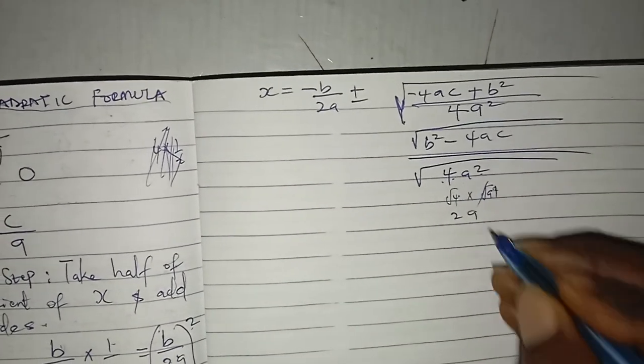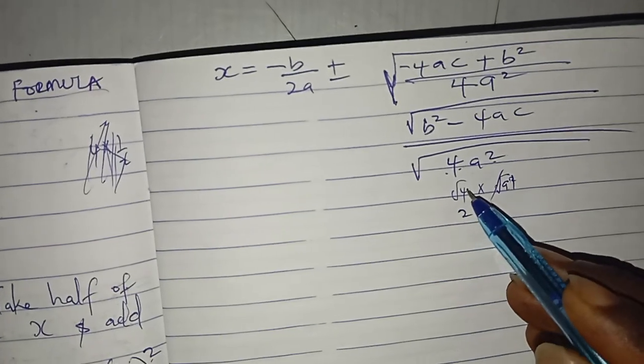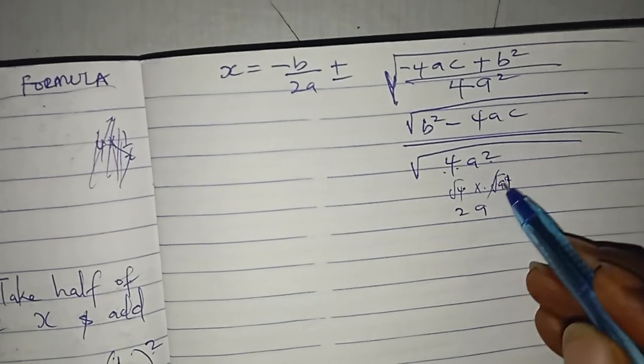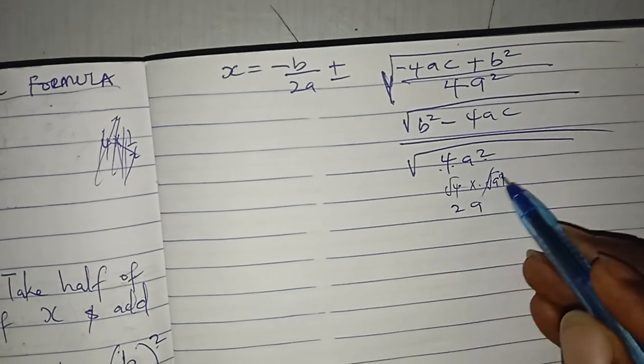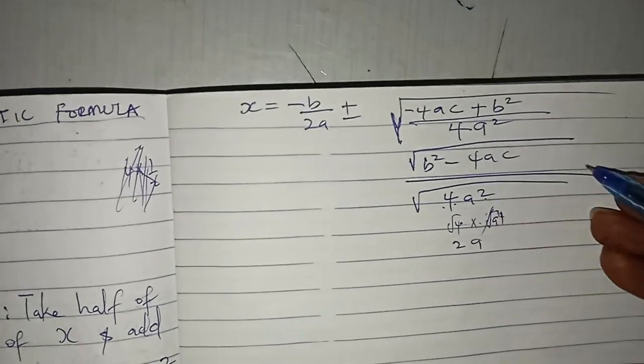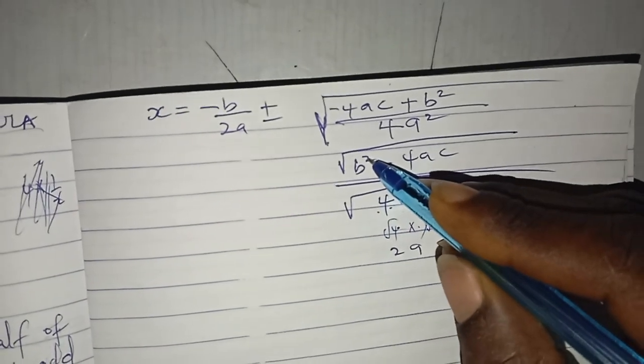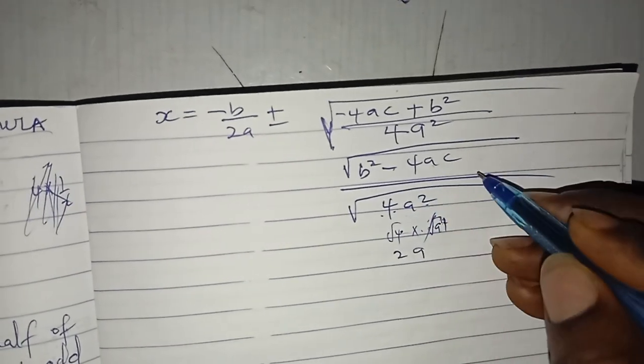So it becomes 2a down here. Are you seeing it? If you do root 4 times root a square, it becomes root 4a square. And this square can take care of this. So I have 2a down. Now up here I have b square. Then I have minus 4ac.